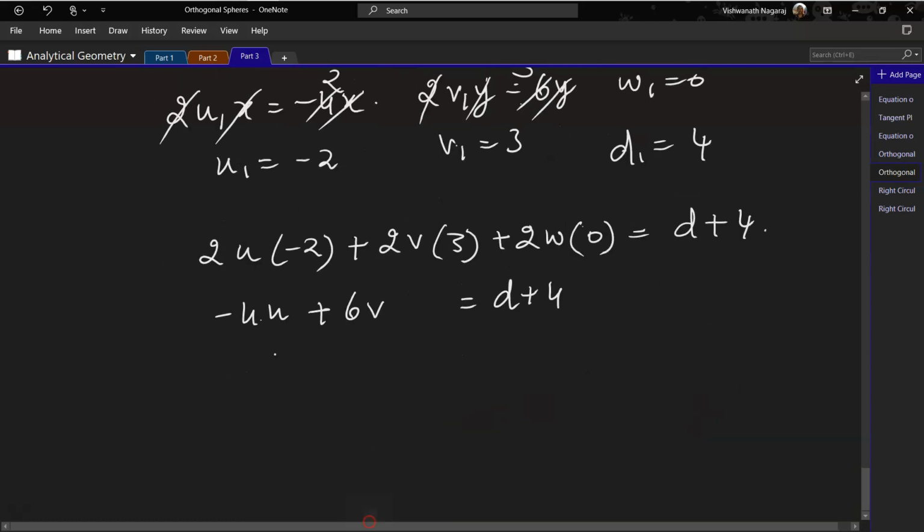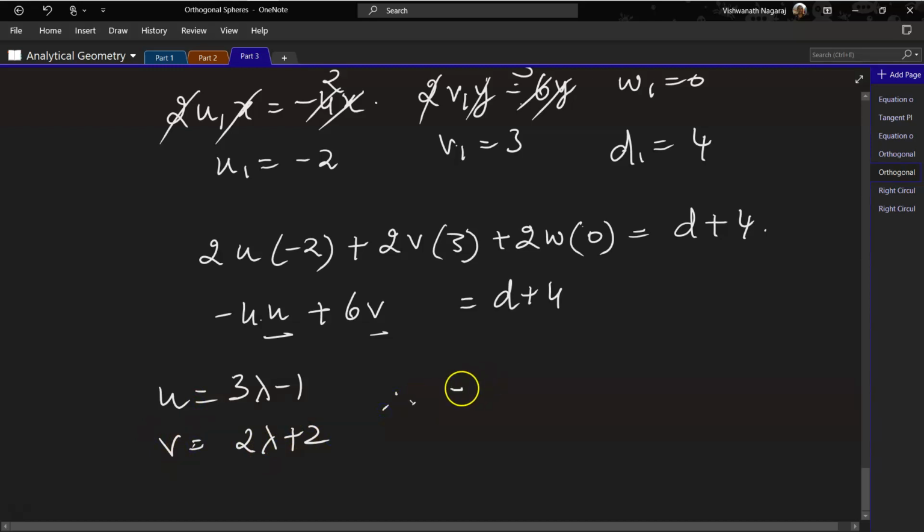Let's leave it as it is. Now let's do the substitution for u and v. u is 3 lambda minus 1 and v is equal to 2 lambda plus 2.